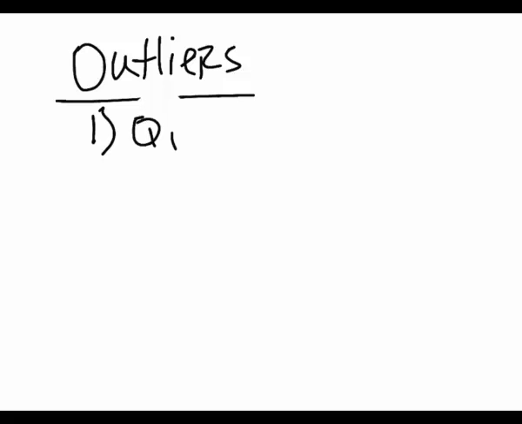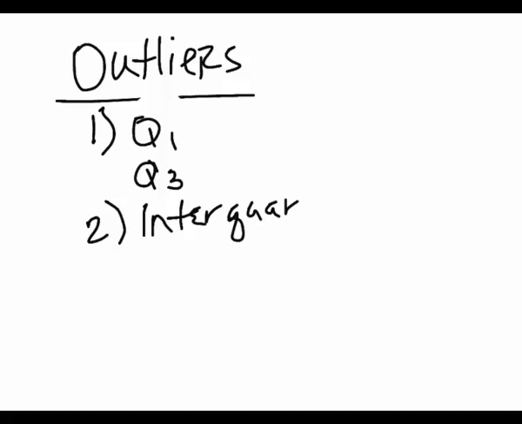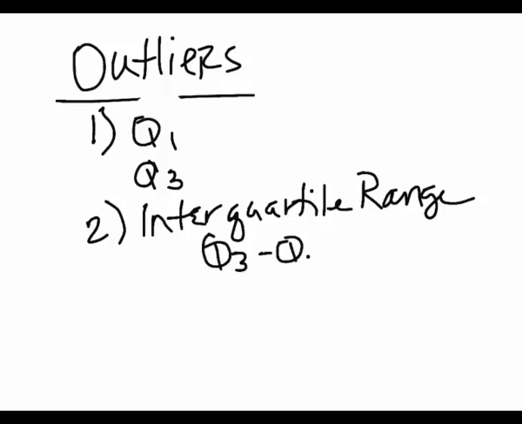The second thing you want to do is find the interquartile range, which I just showed you how to do. You take Q3 and subtract Q1. The third thing you want to do is determine your fences. Your fences are like cutoff points. If your points are not between here and here, then those are outliers.